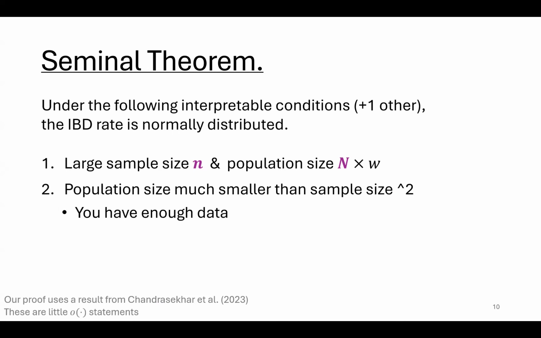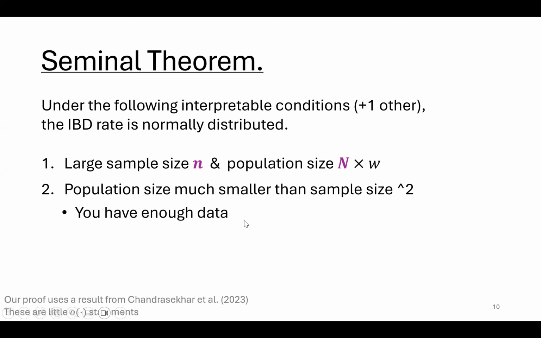The second and third conditions will be the most important. The second one is that we have population size that is much smaller than sample size squared. When we're considering these pairwise IBD segments, that's going to be an n choose 2 number of binary observations. So the number of observations we have is of sample size squared order.